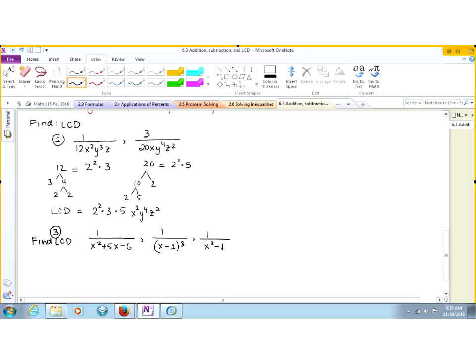So I want to find the LCD of these expressions. So as usual, what do you do? You factor, right? Like for the numbers you factor. So I'm going to factor each one of these.